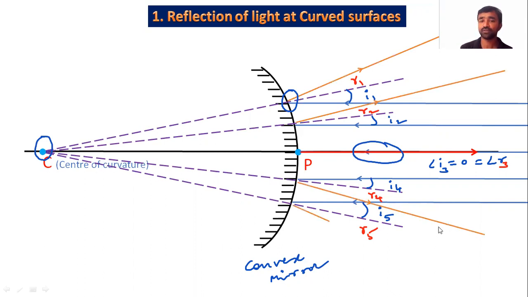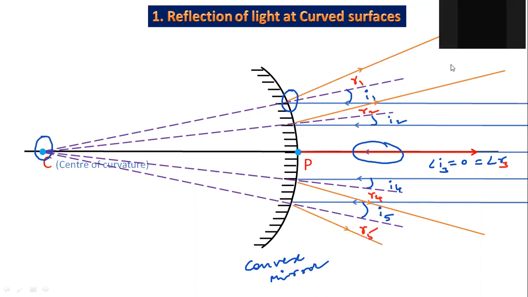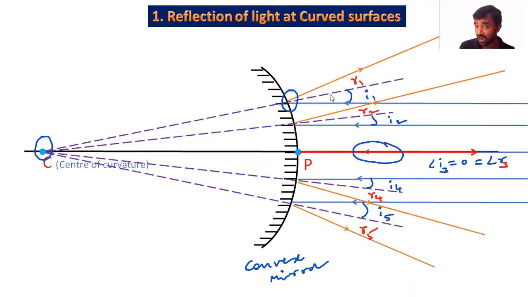Next, the fifth ray. Is it clear, everyone? Give me your response. Any confusion? Just raise your hand. If nothing, we will go for completion of this one. Okay. So here, I drew the reflected light rays after incidence on the convex surface, on the convex mirror. So what happens? Do they meet each other after reflection?